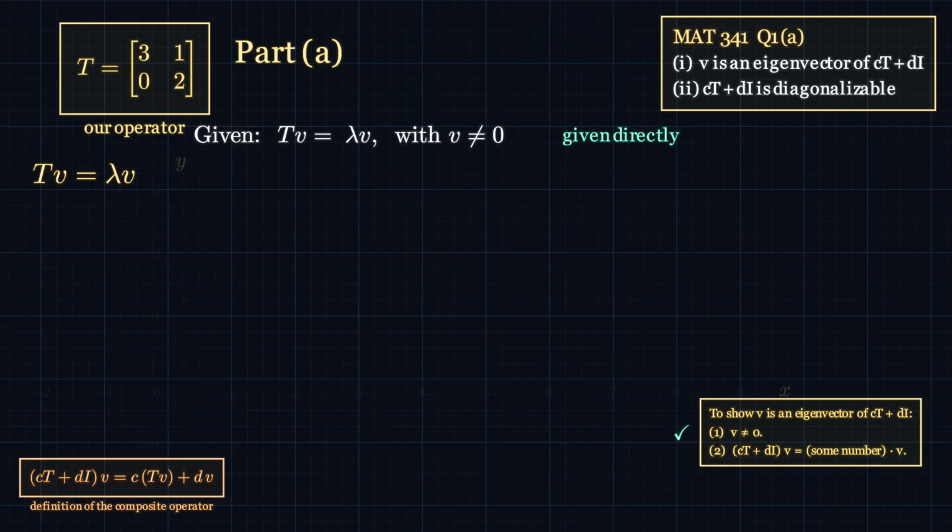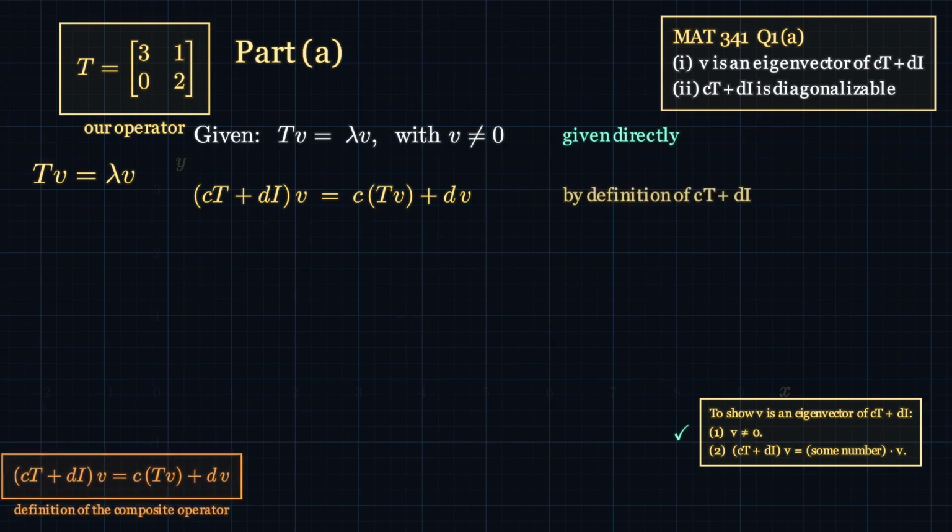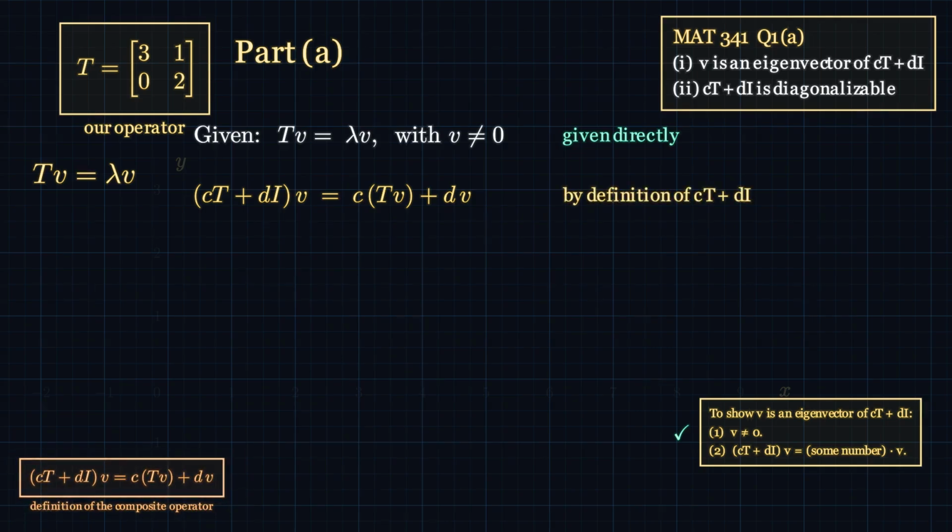Line 2, write Ct plus Di applied to V equals C times T applied to V plus D times V. Why are you allowed to write this? Not because of algebra you memorized, because of what the composite operator means.